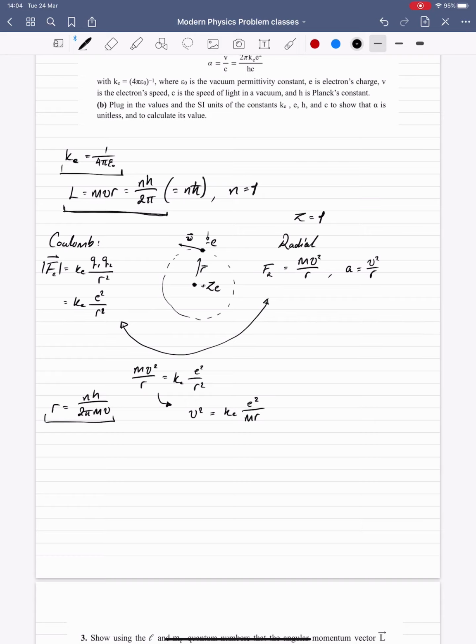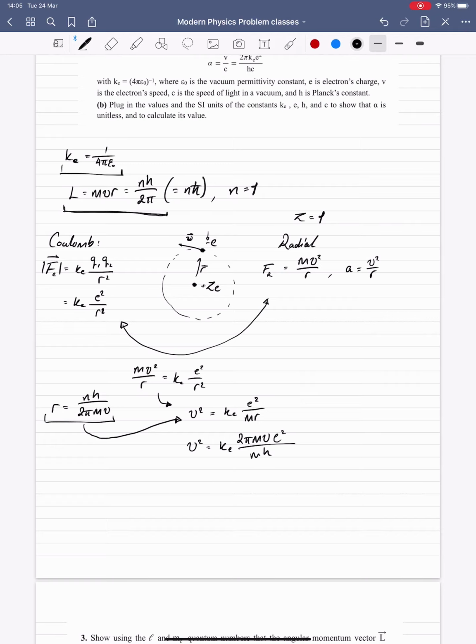And so what I can do now is substitute this r into this v squared to get ke 2 pi mv e squared divided by mh.